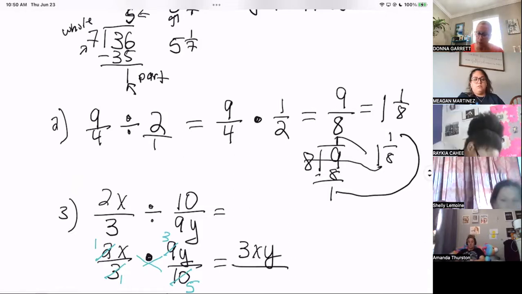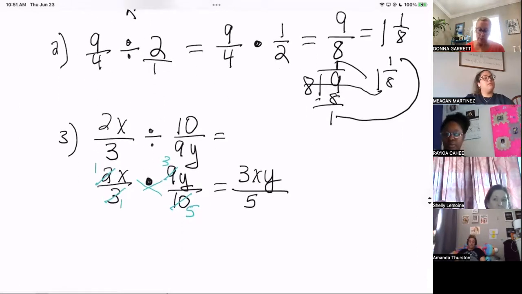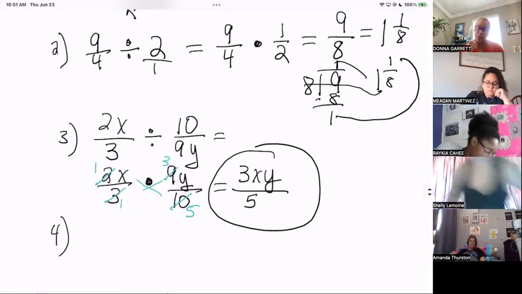And then the denominator would be 5. 1 times 5 is 5. All right, any questions on that one? We're going to do something with x's and y's in a minute, but right now they're just hanging out. That's the answer. Total answer, nothing else we can do. I'm going to show you ones where we can simplify the x and y in a little bit.